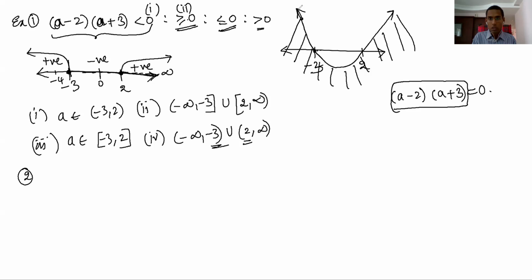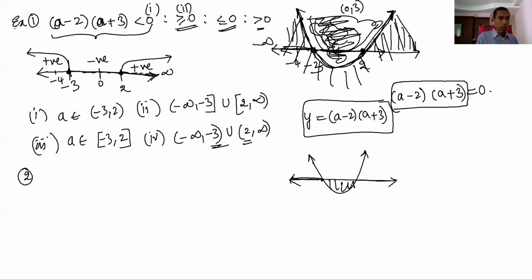This is this curve. Equal to 0 means it is 0 at minus 3 and 2. Now let's take one example. This is a very important part here.